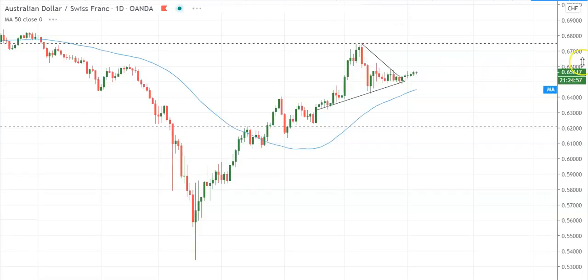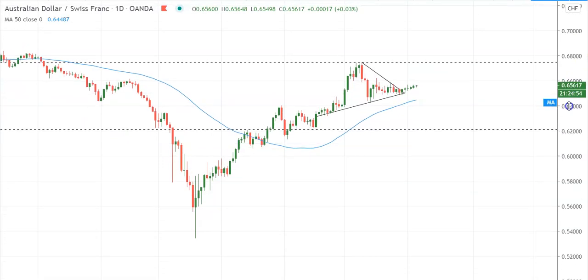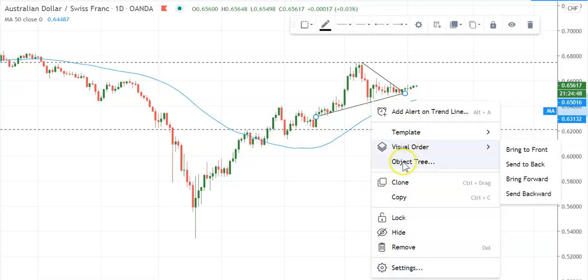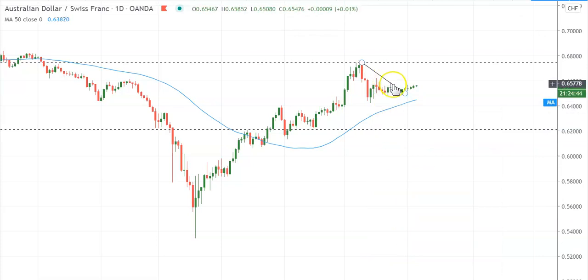Aussie Swiss, I was just playing around with, I guess, an ascending wedge, just having a look at it out of curiosity and boredom. I don't trade that, but trend lines I do. So we can see here that we've just got a box of sideways movement, and there's nothing here.